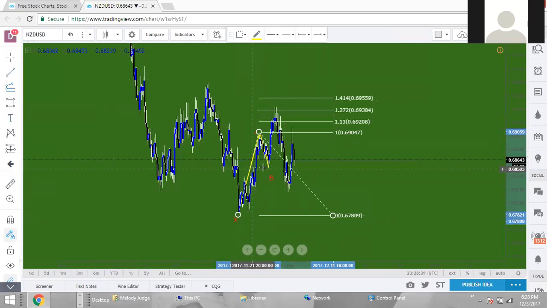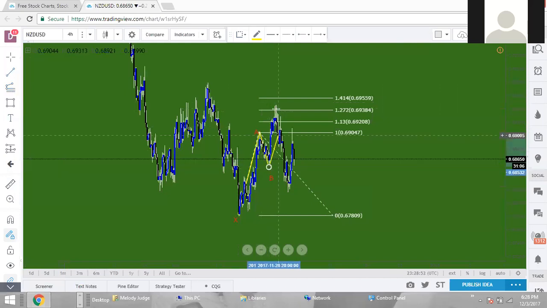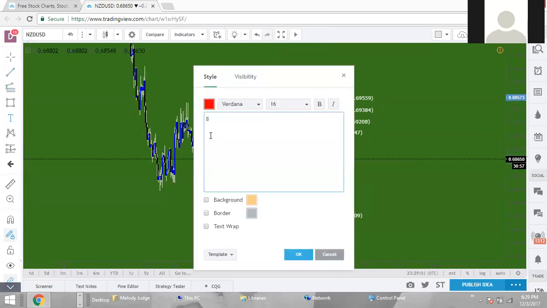Once we notice that the 127 has been hit, it didn't even touch the 141, although we could have come up here. As long as we didn't close above this level, the pattern would still have been valid. So we went up here, we hit the 127. Boom, we're going to label that C, of course.